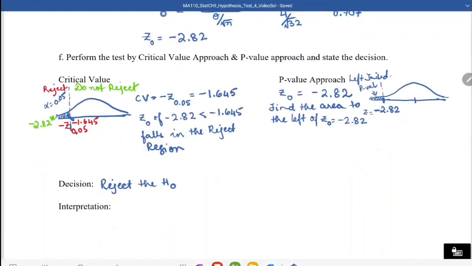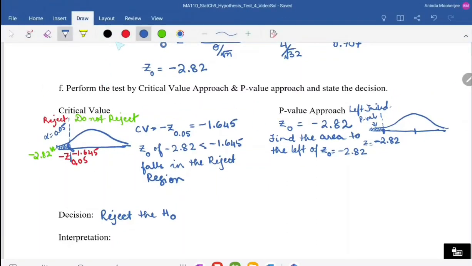So let's go back to our worksheet. This p-value area over here is 0.0024. That's the area, and that's the p-value.